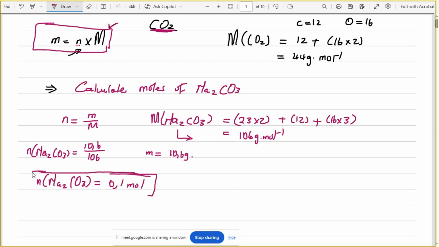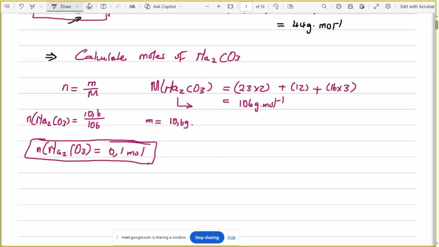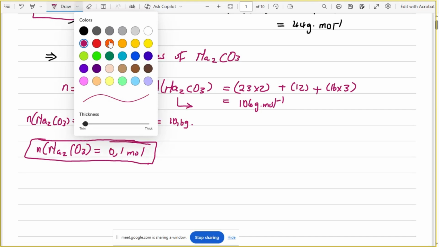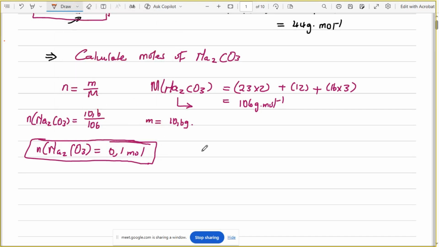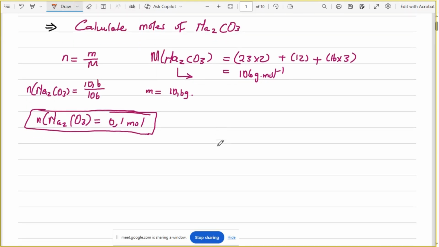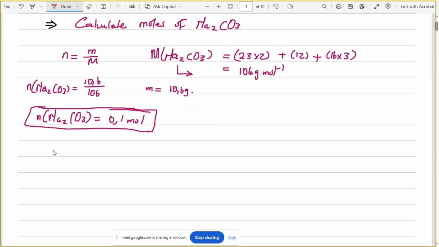So this is the number of moles for sodium carbonate. Now that you have the number of moles for sodium carbonate, we're going to use the mole ratio, then convert to mass. First thing first, you use the mole ratio.